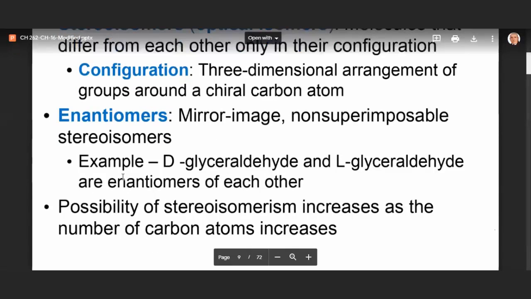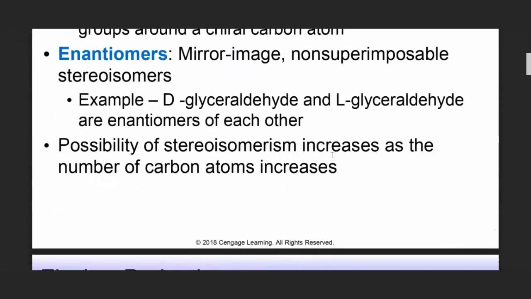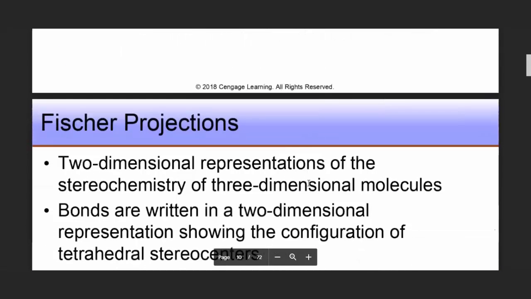Now, the possibility of stereoisomerism increases as the number of carbon atoms increases. The law is 2 to the n, where n is the number of chiral carbons. So as n increases, the number of possible stereoisomers will also increase. Fischer projection.